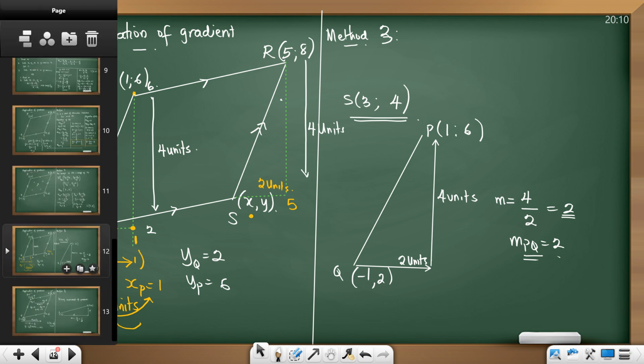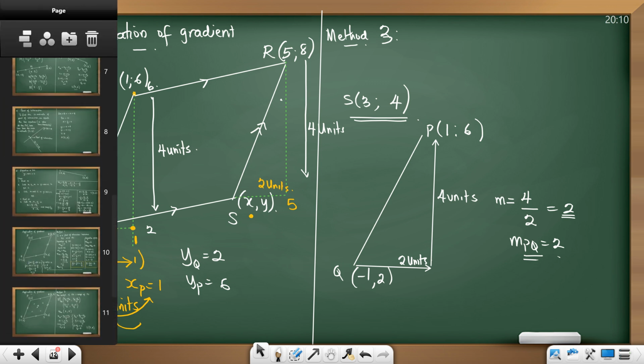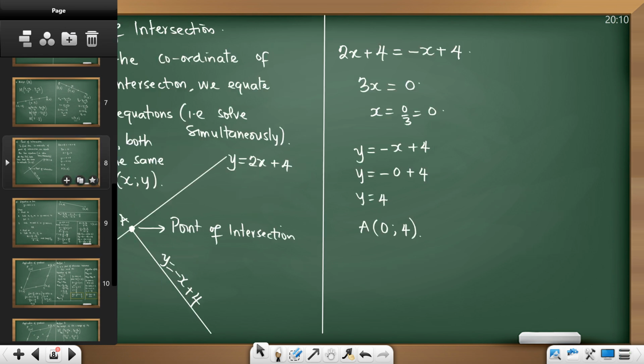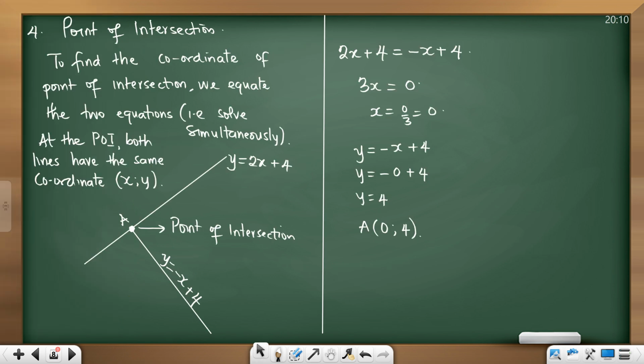Okay, Vera, is it the notes or the calculation? The notes. Yes, sir. Okay. Thank you, sir.